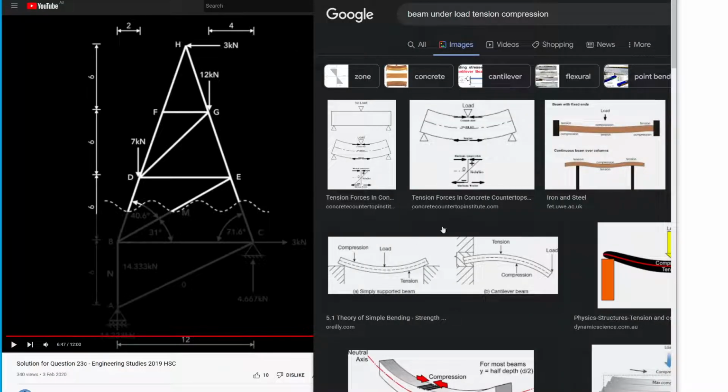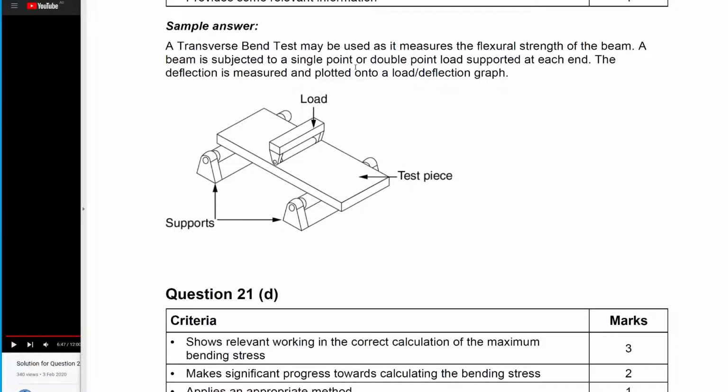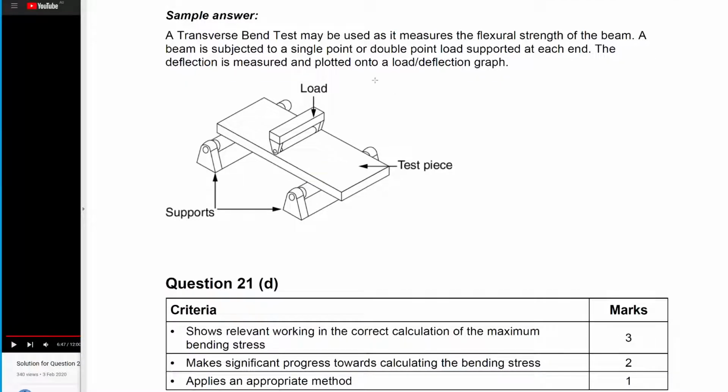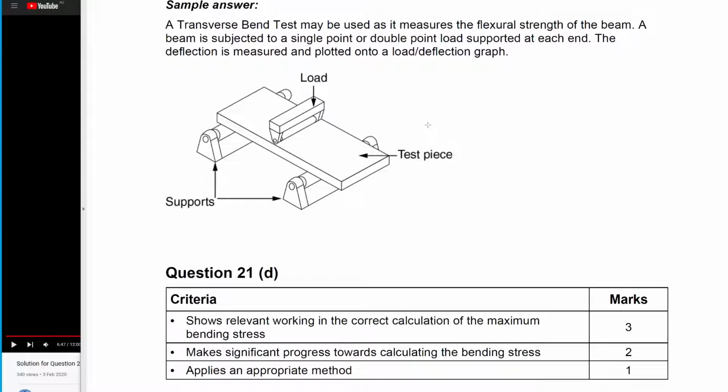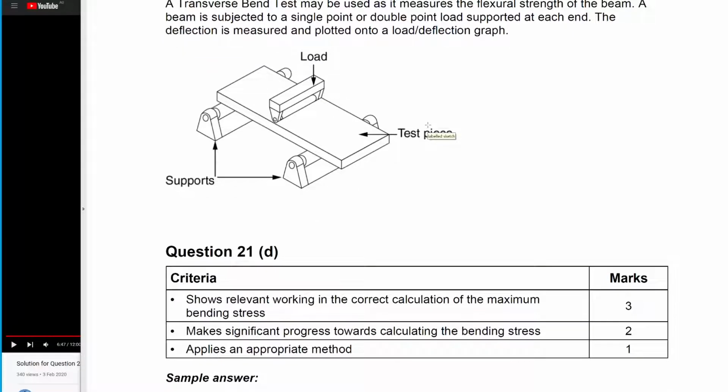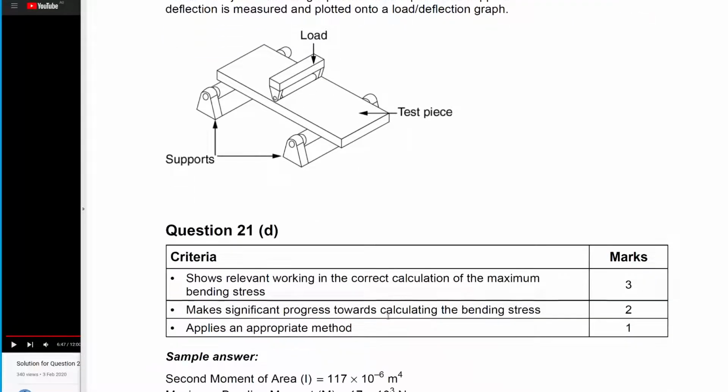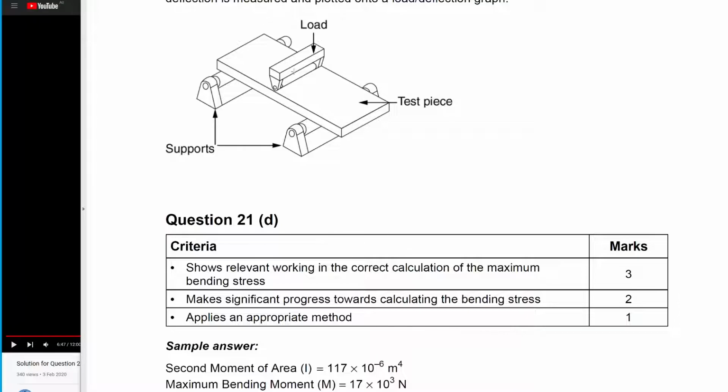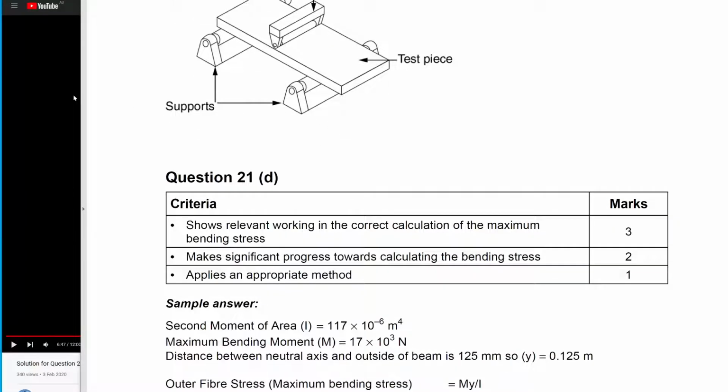So what we can see here is a transverse beam test. We show 2 reactions and a load that's applied, and we're going to measure its deflection. Actually, when they grade pine, this is what they do: they have a roller that presses down and measures the deflection, and paint is sprayed on there to tell you the strength of the pine. So mechanically graded pine, MGP pine, is graded in that way.